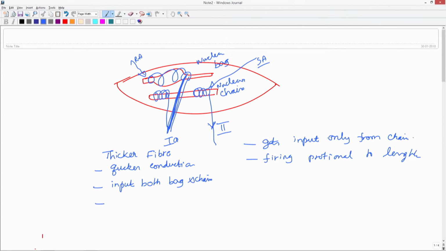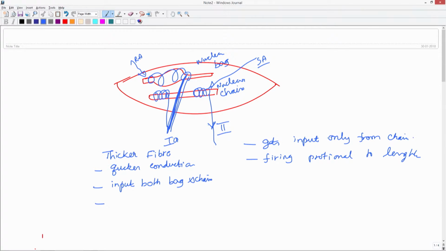So, even if it is constant, it will continue firing, whereas the nuclear bag will fire only when there is a change, and when there is no change it will not fire. That is the rapidly adaptive receptors we have seen earlier.